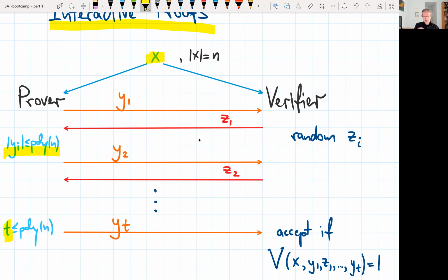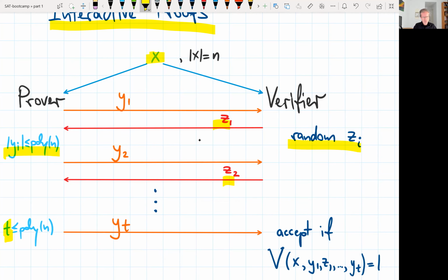In addition to interaction, the verifier is also allowed to be randomized now. And here in this picture it is captured by saying the verifier will be sending to the prover some random bit strings each round. So the challenges that the verifier sends to the prover are encoded in random strings Z1, Z2, and so forth.